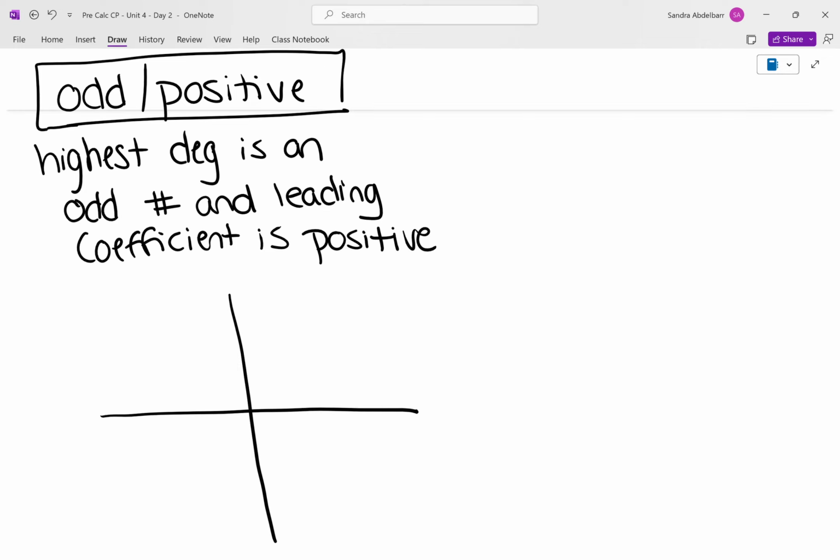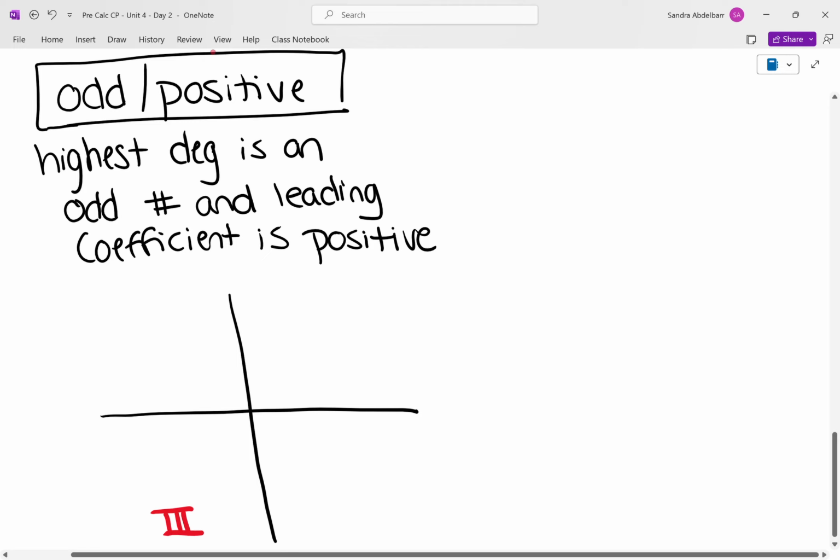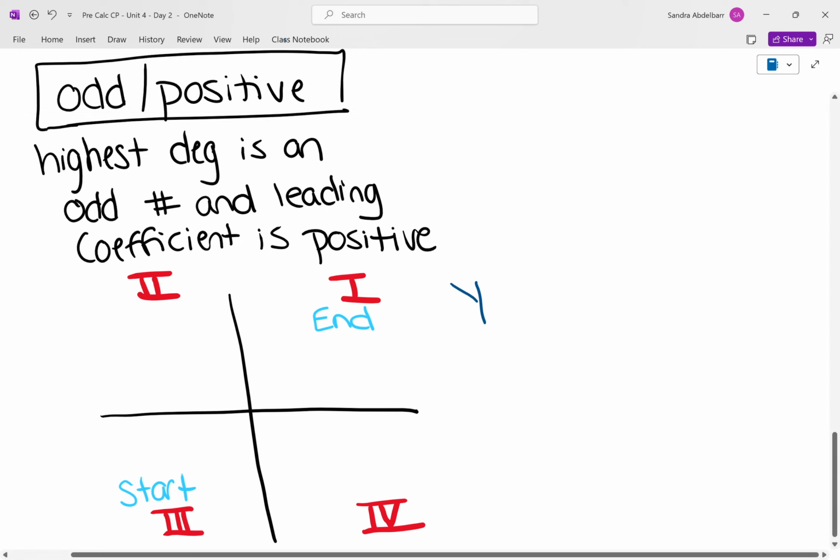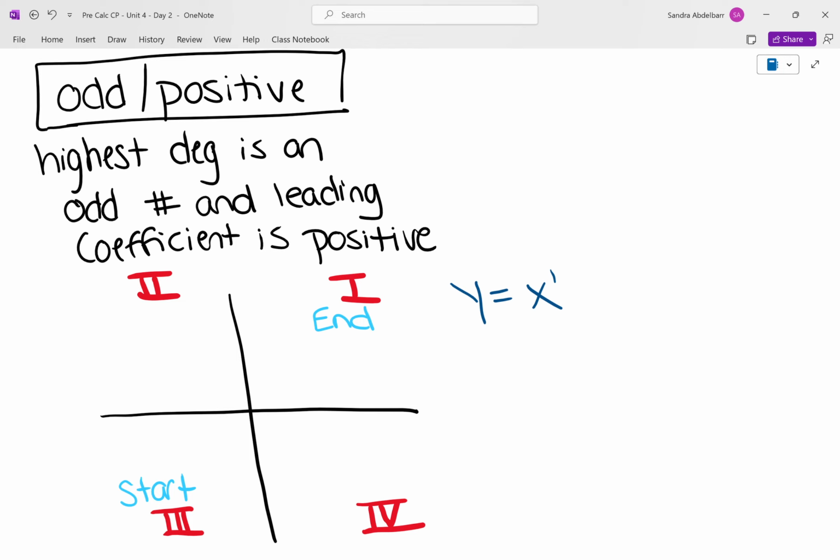So in this scenario, when your highest degree is an odd number and your leading coefficient is positive, you're going to start in quadrant 3 and you're going to end in quadrant 1. An example of that would be y equals x to the first power, right? 1 is an odd number. It would look something like that. Start in quadrant 3, end in quadrant 1.